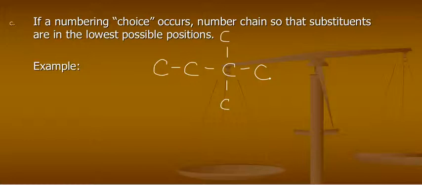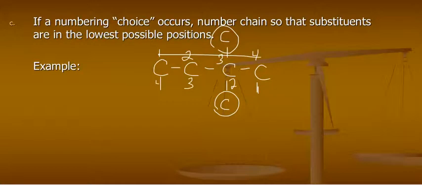The longest chain is 4, and we have a substituent here and here. We can either start numbering from left to right or from right to left. Well, if a numbering choice occurs, we want the substituents in the lowest possible numbers. So we're going to start carbon 1 over here, and we're going to number from right to left. So the substituents are called methyls.